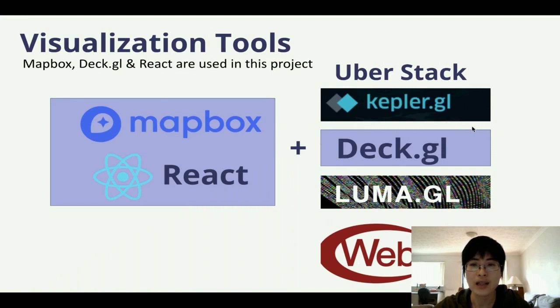All the 3D visualization you see in this website is created with Deck.gl. And if you want to build a more customized interface, you can go deeper to Luma.gl. And all the visualization tools are built on top of WebGL. WebGL is the core of 3D visualization for websites.